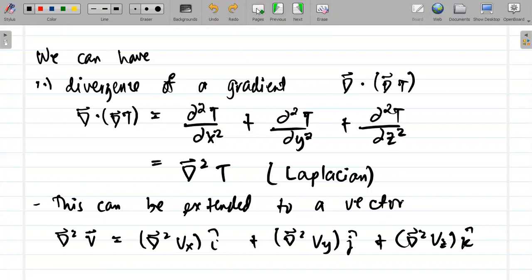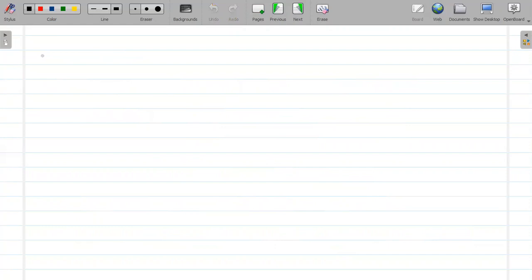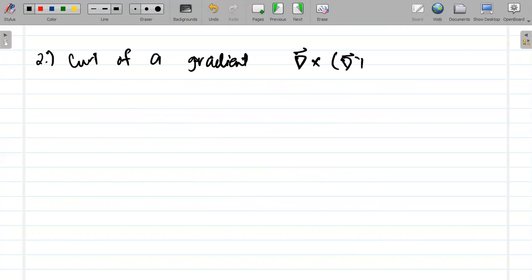Now, next we have number 2. Curl of a gradient. So, ang curl del cross, ang gradient del T. So, ayan.